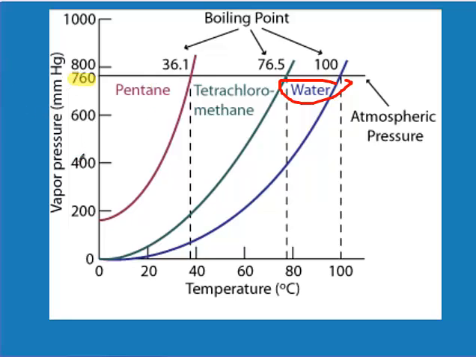If we change the vapor pressure, let's say 400, now it's going to boil at this temperature, this one, and this one. So around 80, 58, and 28.